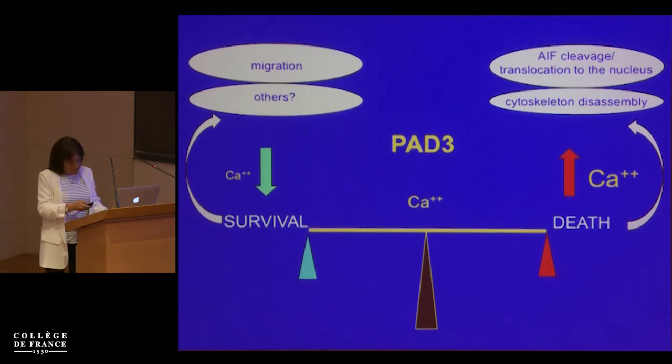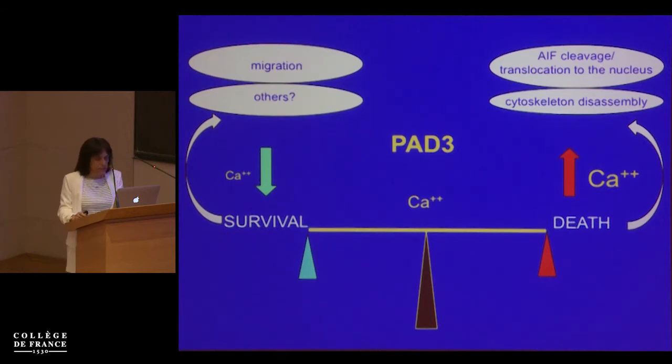And the disassembly of the cytoskeleton, so some control of the cytoskeleton, and we can immunoprecipitate the protein with the PAD antibodies, is also consistent with the defect that we see in migration. But this control of migration is probably, we suggest, more of a role of PAD during development. And obviously, we need to manipulate the embryo in vivo to validate that this is the case.